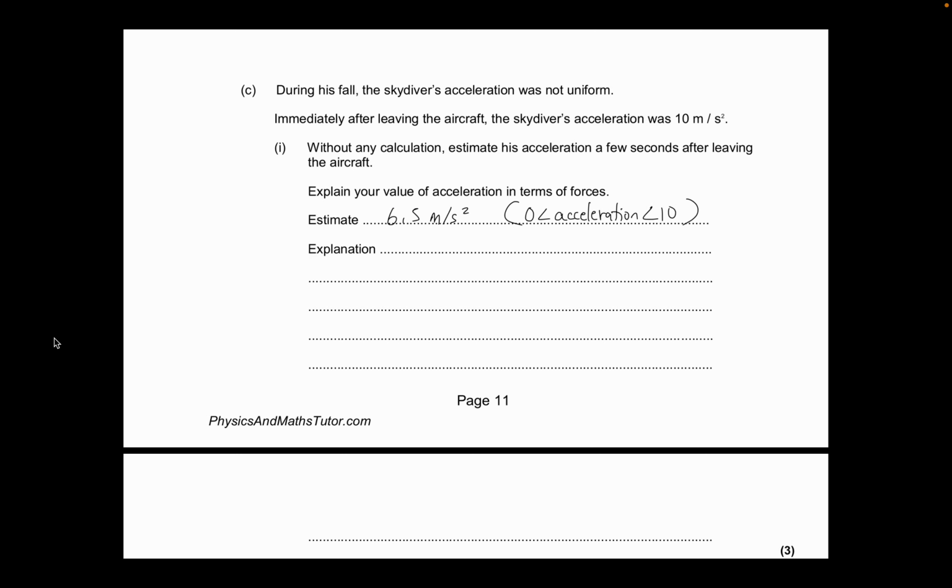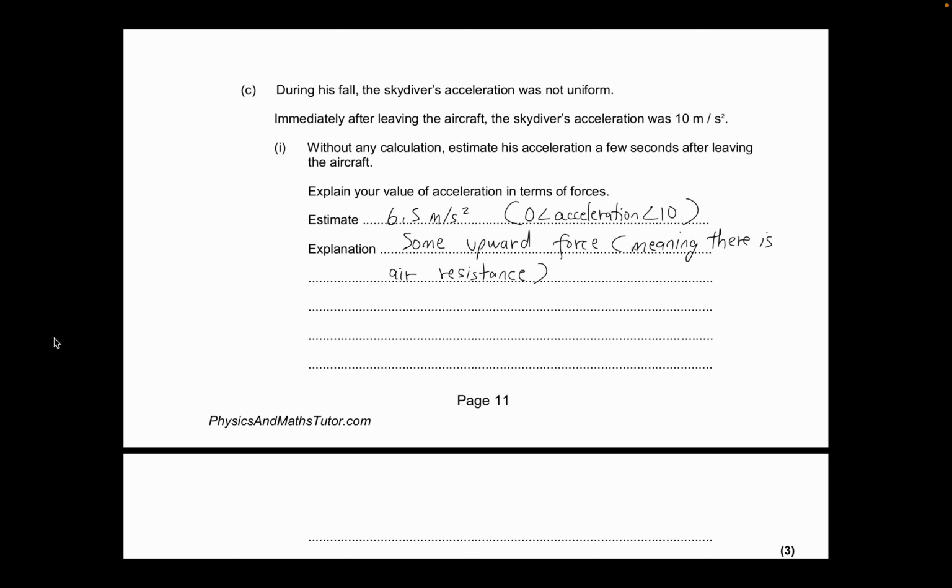Okay. Now the explanation why this is less than 10 meters per second squared immediately after leaving the aircraft is because there is some upward force, meaning there's drag. There's air resistance, which is drag.